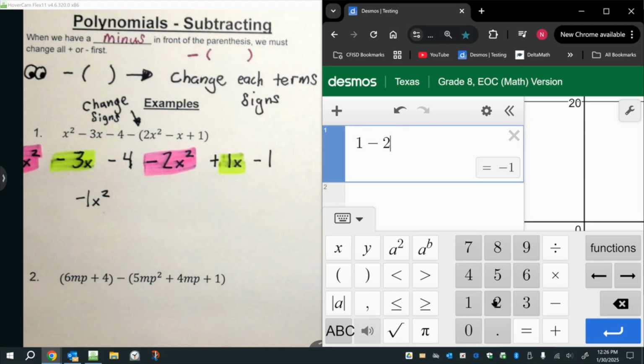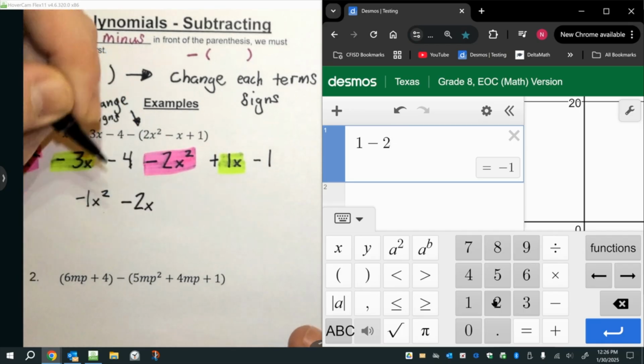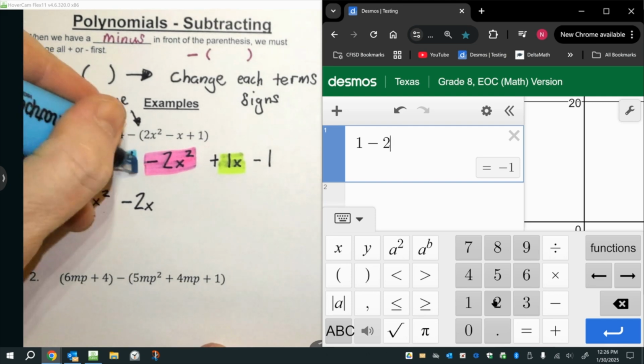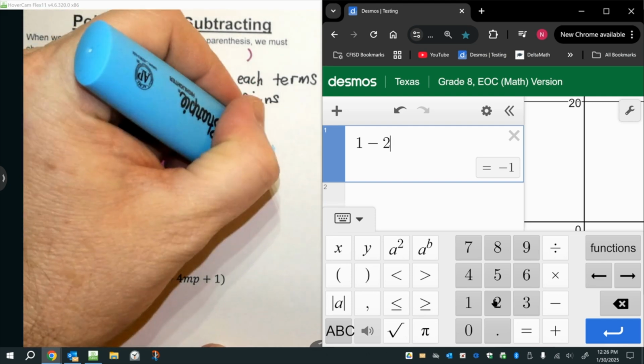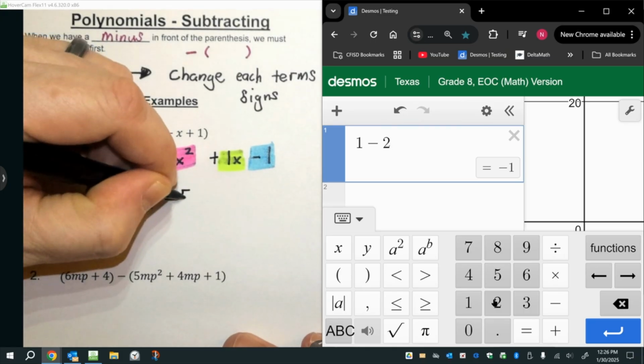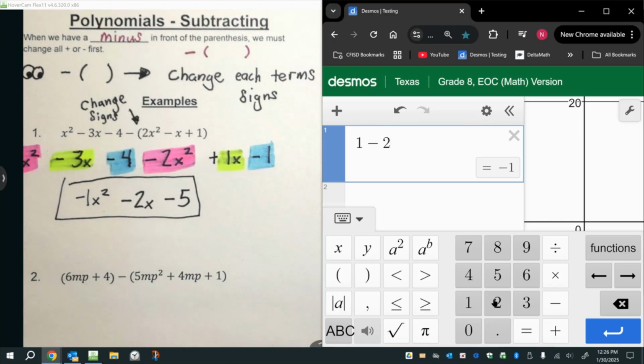Negative 3 plus 1 is negative 2. Attach my x. And then I have negative 4 with my negative 1, and that makes negative 5. And that's my final answer for that.